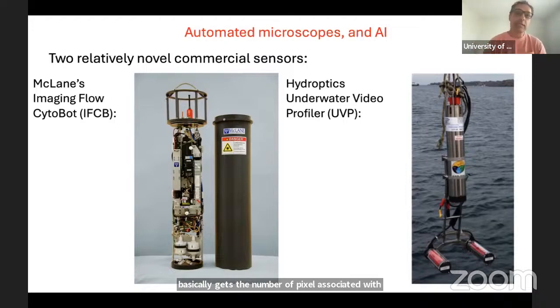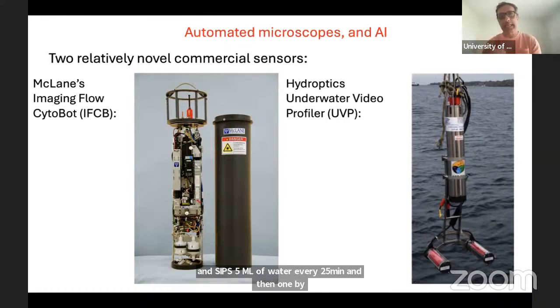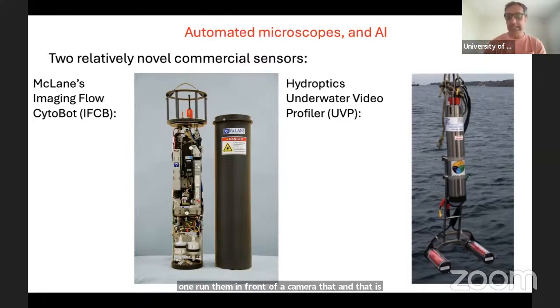On the right, we have the Imaging FlowCytobot from McLane in the US, which can be put on a mooring and sips 5 ml of water every 25 minutes, and then one by one runs them in front of a camera that is triggered by a laser, and then an image is taken.